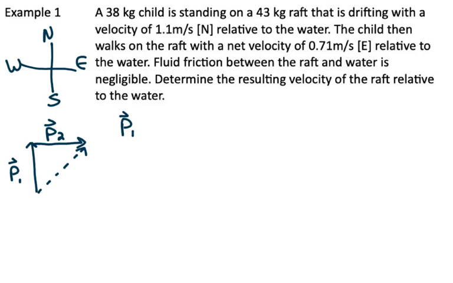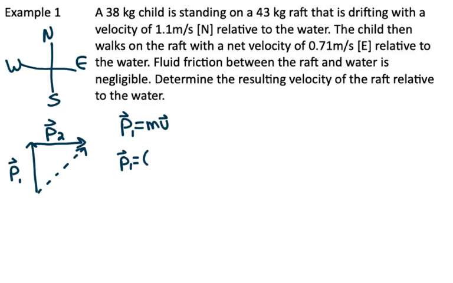So to find the first momentum, as we have before, P equals mv. We need to take into account whether we're talking about the mass of the child, the raft, or both. And because in this piece the child is standing on the raft, we need to actually account for both of their masses.